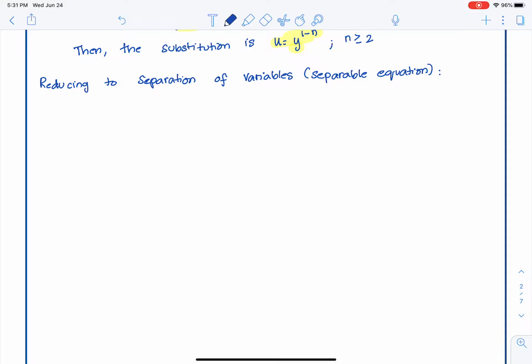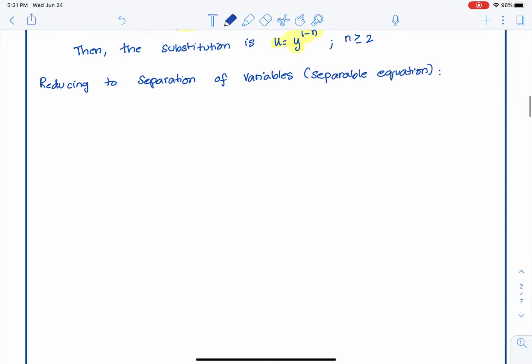So we take a differential equation that is not separable. We are going to make a substitution, and once we make a substitution, we are going to convert it to a separable equation. And we all know if we convert a problem to a separable equation, things become easy. So that is the goal of this substitution.